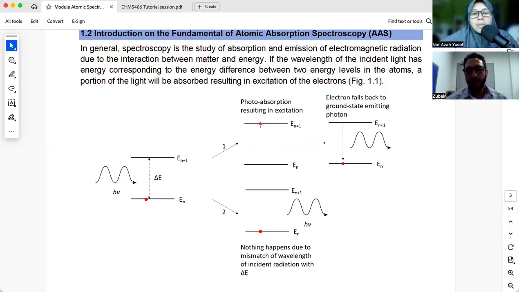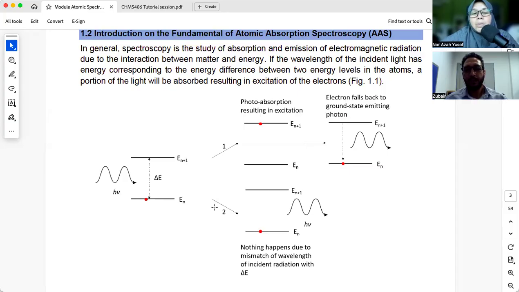You can see the red dots representing the electron. The excitation of the electron, and then the relaxation of the electron results in emitting energy, which should be equivalent to the energy given to the electron at the beginning.